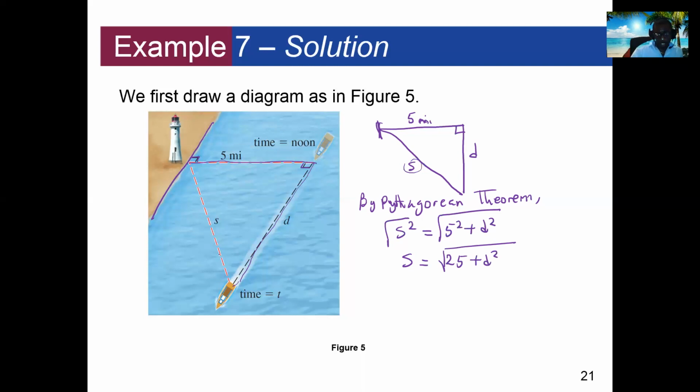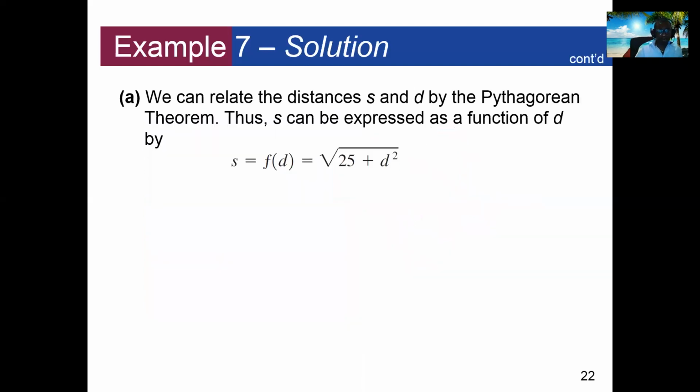So we go to the next slide to see why we got this. We can relate the distances S and d, that is being traveled by the ship, and then we got this function. So your S is f of d, which is given as this.